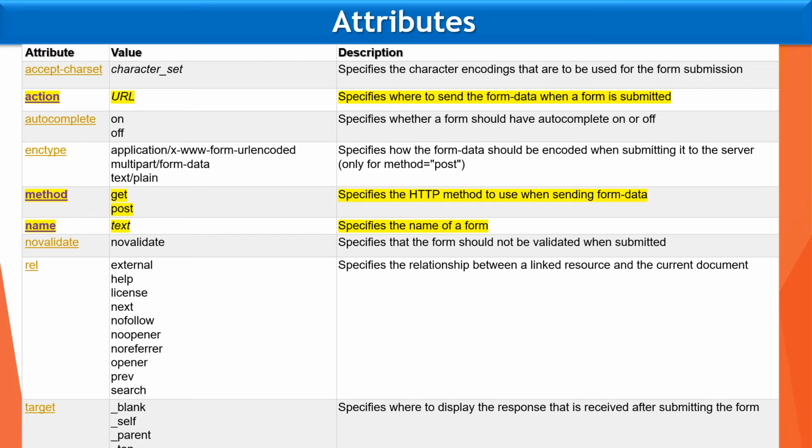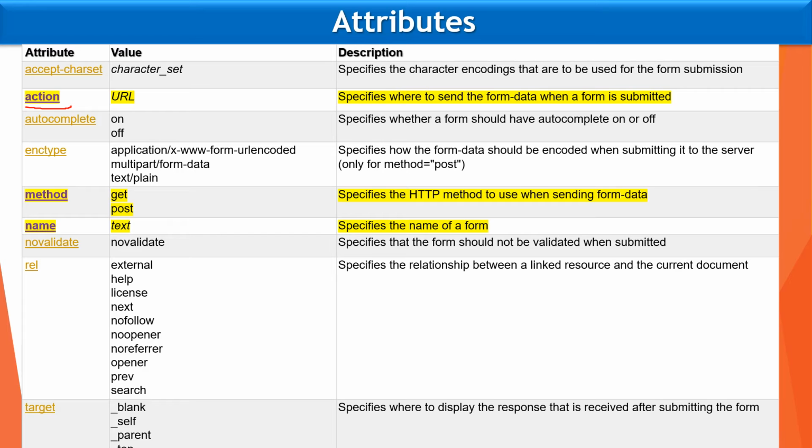Very important that in our last slide we have given the number of attributes with the form elements. What are these attributes with the form element? That is the action, which is very important. Now there are a number of attributes, that is accept, accept-charset, action, autocomplete, enctype, method, name, novalidate, rel, and target.